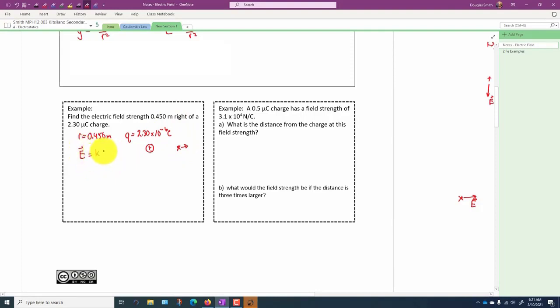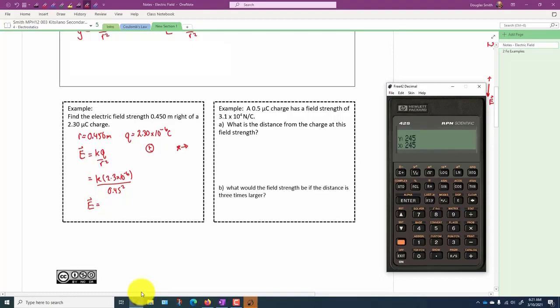So we got K Q over R squared. So K, 2.3 times 10 to the negative 6, over 0.45 squared. Don't forget the square. Let's put that in the calculator.